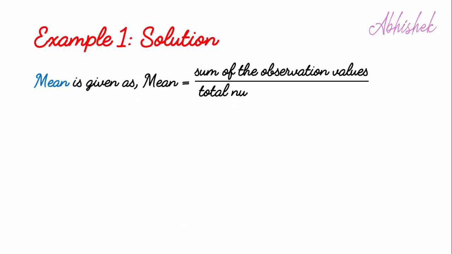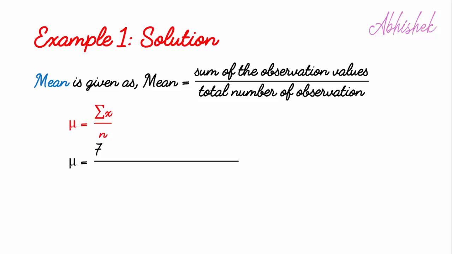Now, we know the definition of mean. Mean is equal to the sum of observation values divided by the total number of observations. Mean gives you a central value in the data set, and for a population it is denoted as mu, which is equal to summation of x, that is the sum of all 7 values divided by the total number of values.